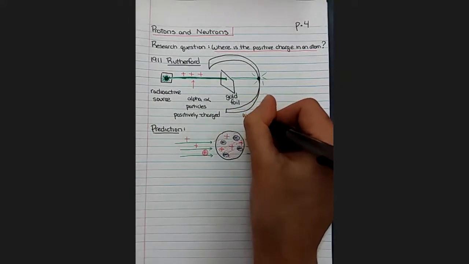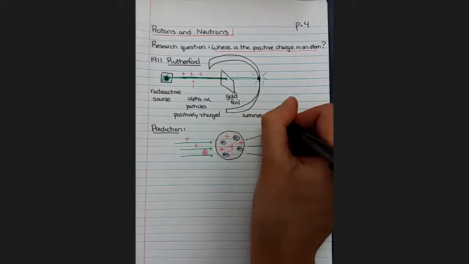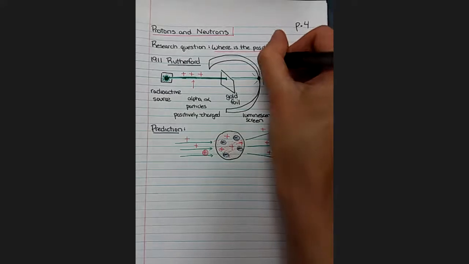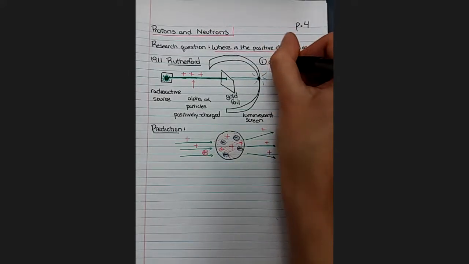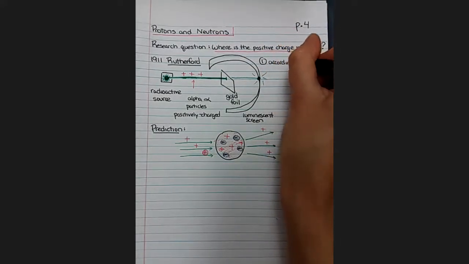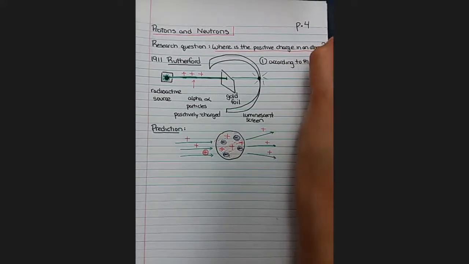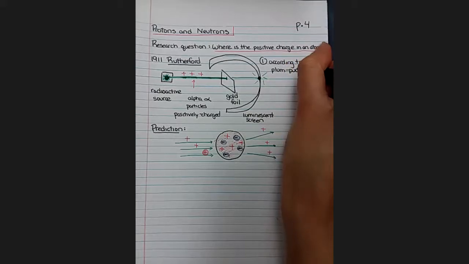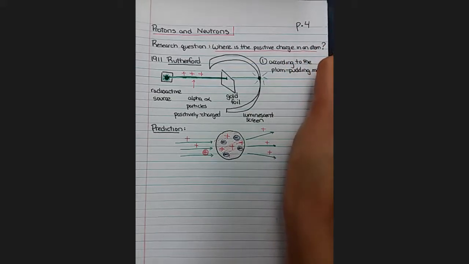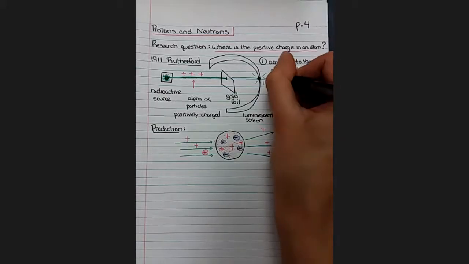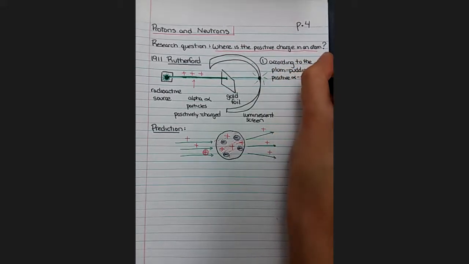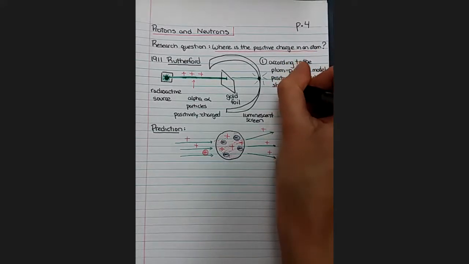This is a luminescent screen, which basically means that it glows when something hits it. So, prediction. According to the plum pudding model, or the chocolate chip cookie dough model, positively charged alpha particles that came out of that radioactive source are predicted to pass through the gold sheet undeflected.